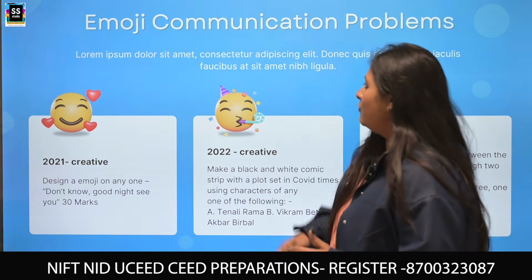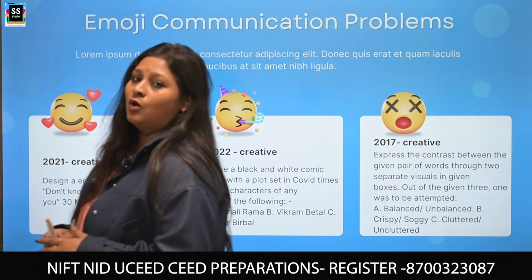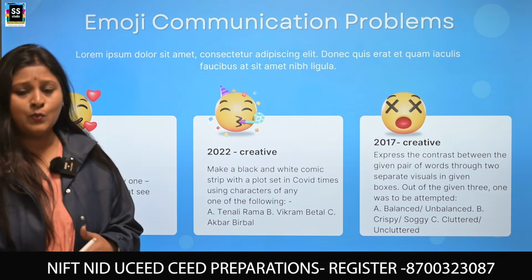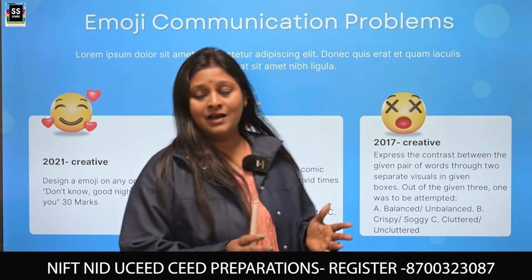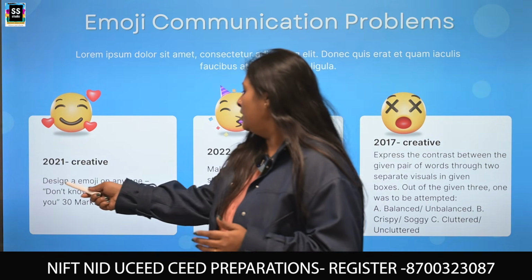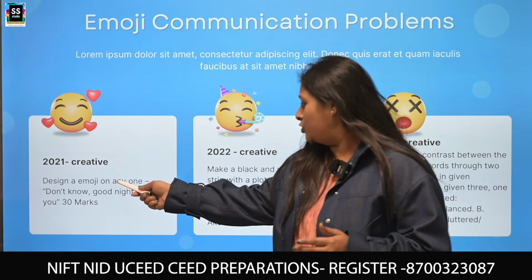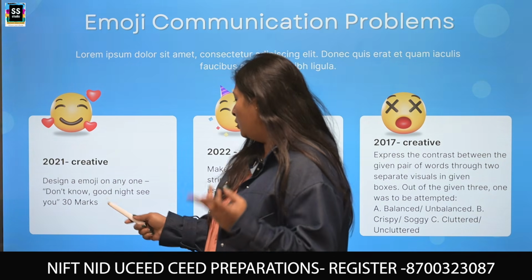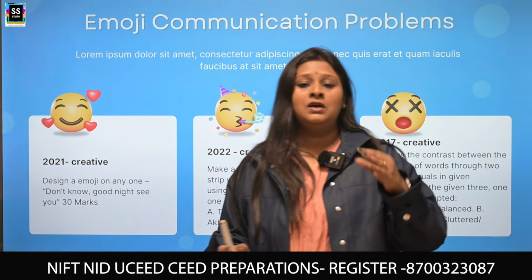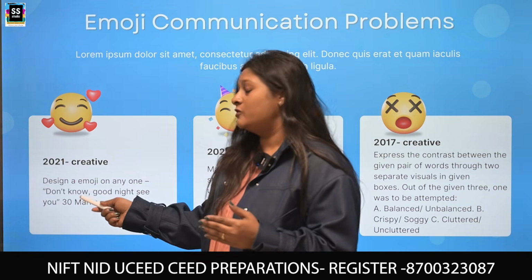Now moving forward, I'm going to show you 3 of the years' questions where this type of question was asked. In 2021, design an emoji on anyone: don't know, good night, see you. These 3 were the areas given, and the question was of 30 marks.